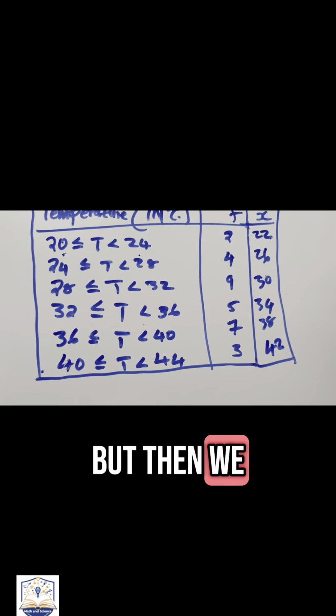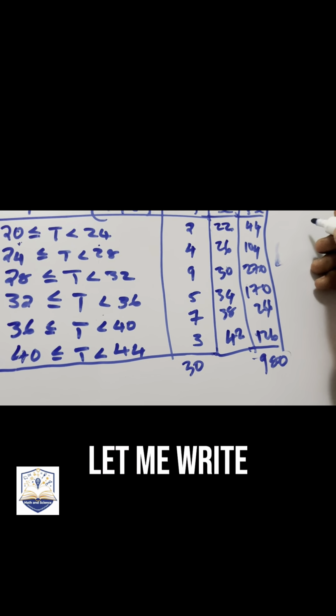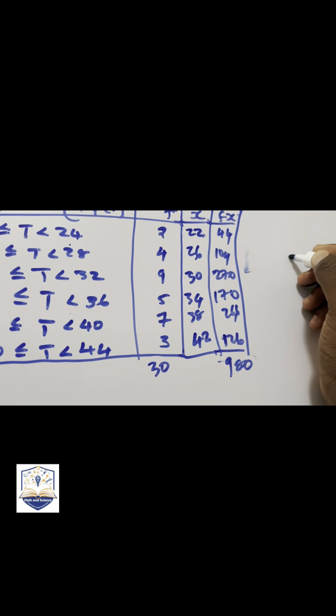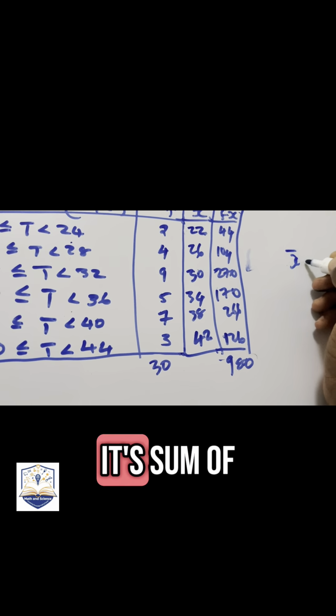So this is actually what we are looking for. The total for this column is going to be 980, and the total for the frequency is going to be 30. So the mean is the sum of the column of frequency multiplied by the midpoint, all over the sum of frequency.